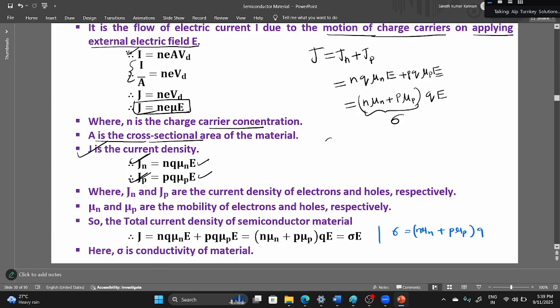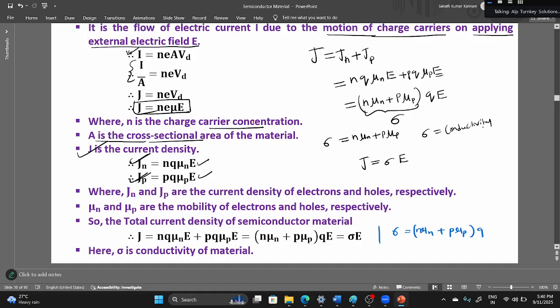So sigma equals n mu n plus p mu p, and J equals sigma into E, where sigma is the conductivity.